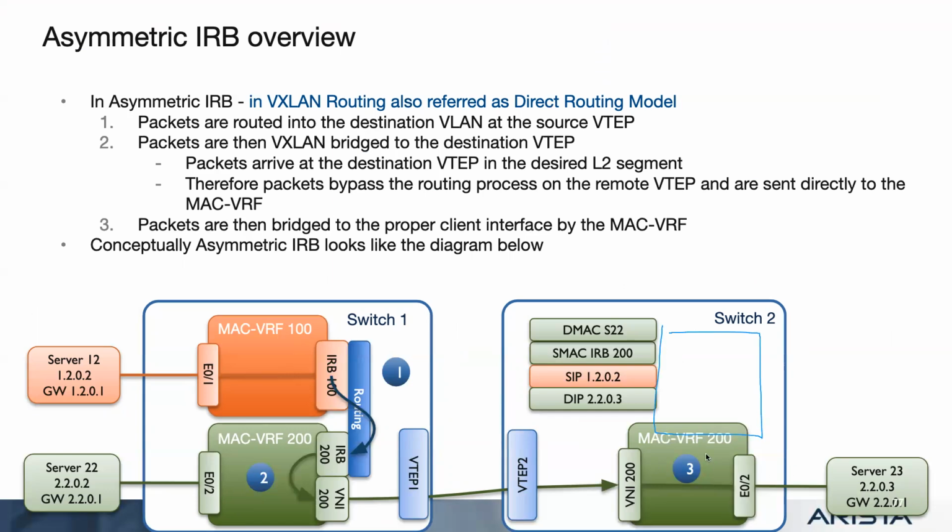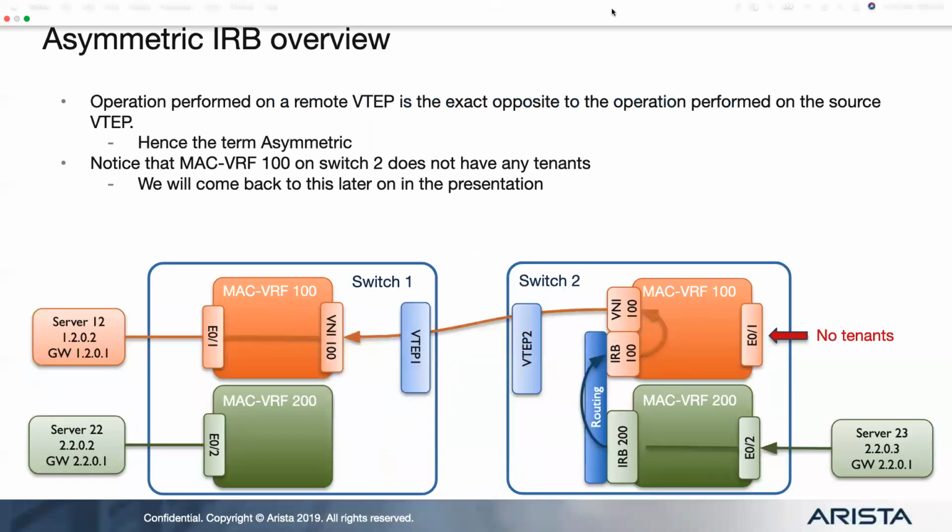But that should not be the case in asymmetric. As we know, all the SVIs should be present on all the VTAPs. So we need to have the SVI here as well, and that is how it looks.